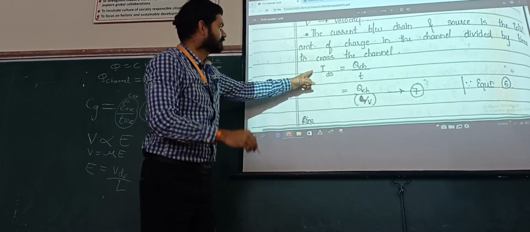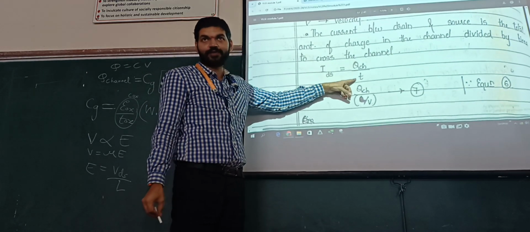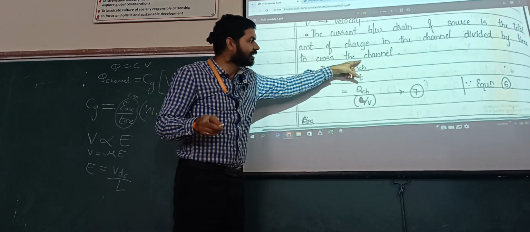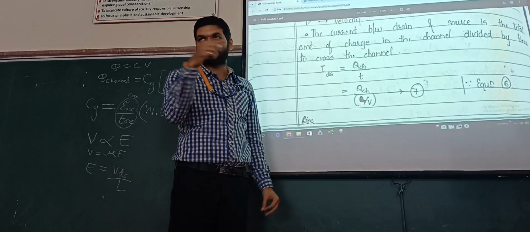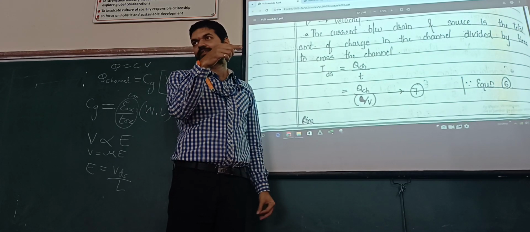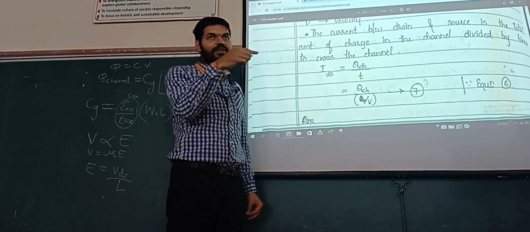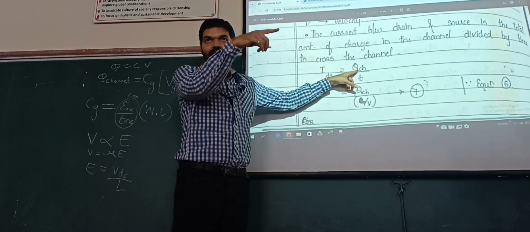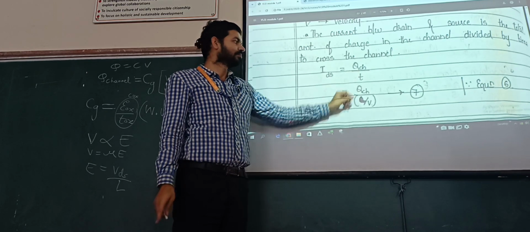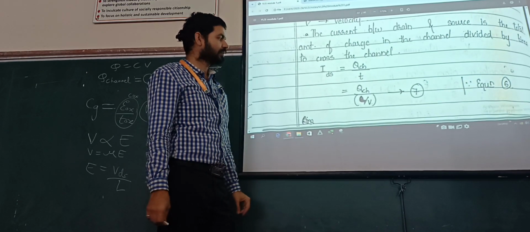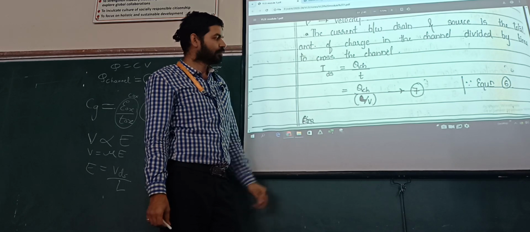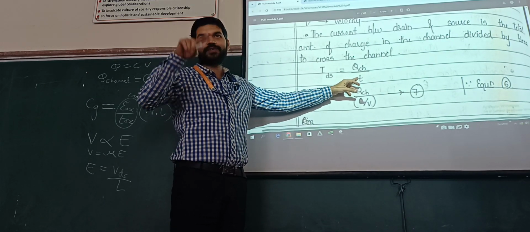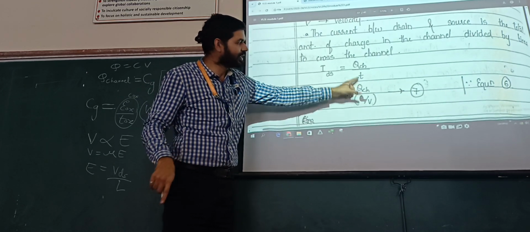So I is equal to charge carriers per unit time, that is, the number of charge carriers present in the channel, because current flows through the channel. Current is equal to number of charge carriers in the channel divided by time. But what did we define T as? L by V. So I substitute L by V.